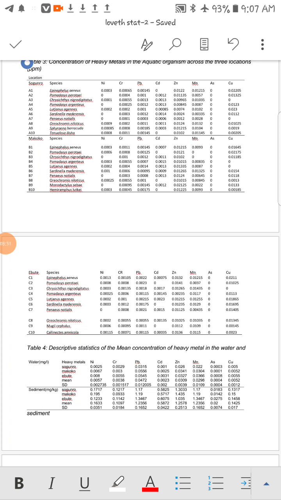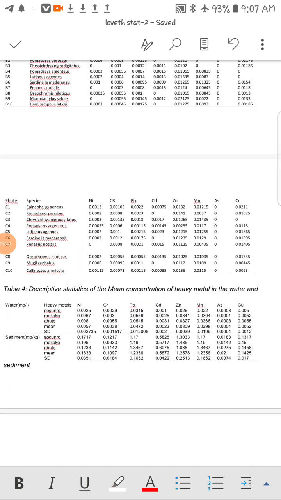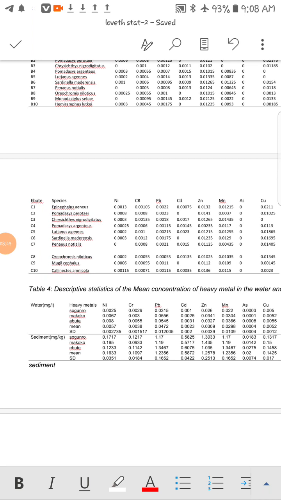So that means the concentrations of heavy metal found in the fish are divided by the concentrations in the water, and the amounts in the sediments will also be used to divide the amount found in each fish. So what I do is get the mean first, the mean for the water, the mean for the sediments, the mean for Nickel across the locations, and the mean is 0.0057, because this time we are talking about the concentration of heavy metals in them.